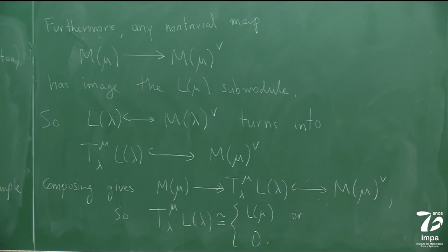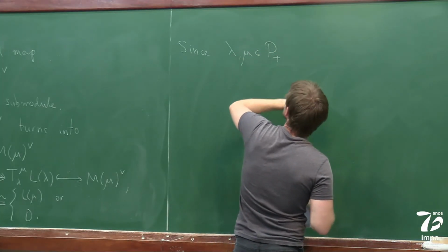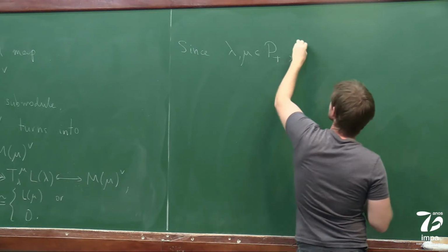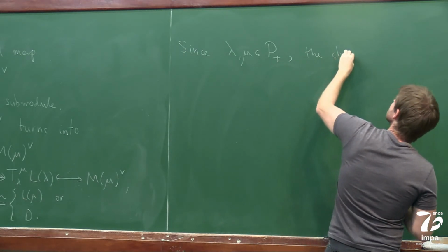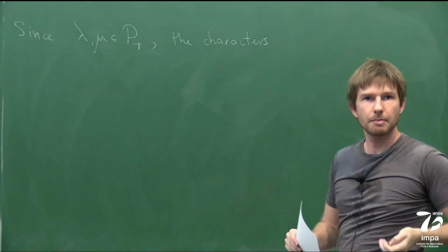we have to exclude the case of 0. So how does that happen? Well, doesn't that follow from that?